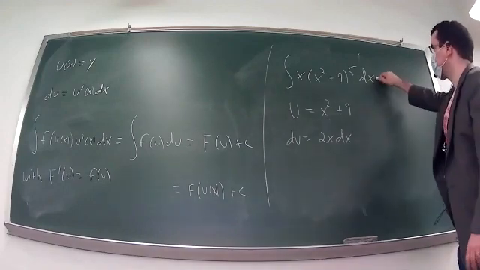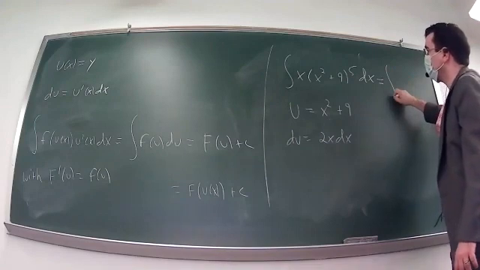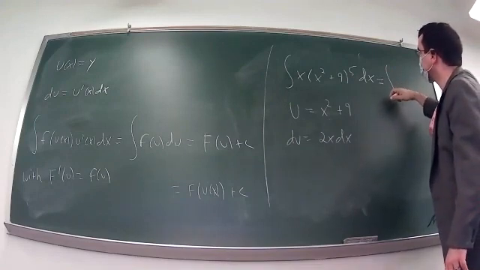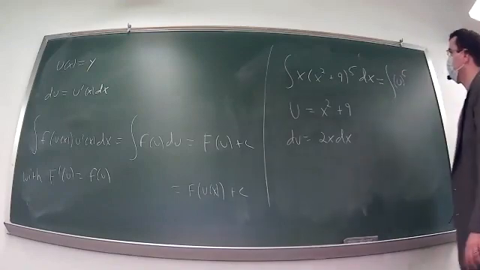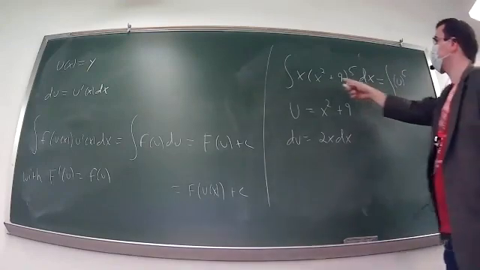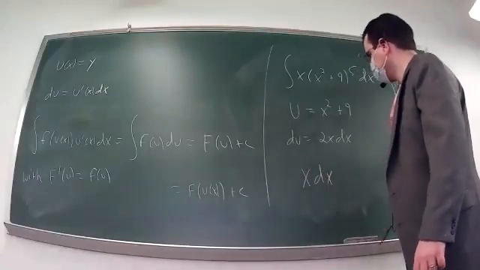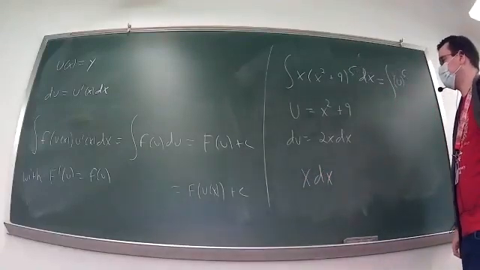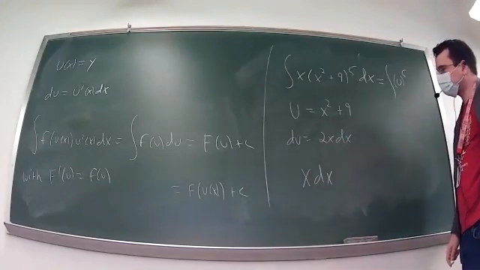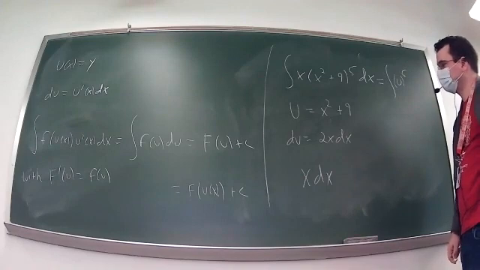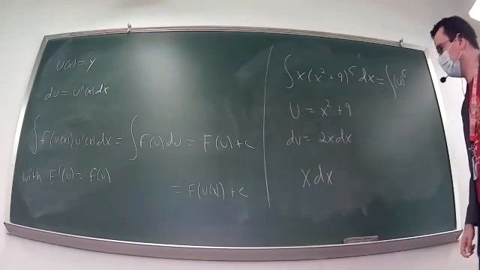So let's do this substitution. This is going to be the integral of u to the 5th, that's a lot nicer. And then what's left is x dx. You'll notice that that's not exactly equal to du, because du would be 2x times dx.